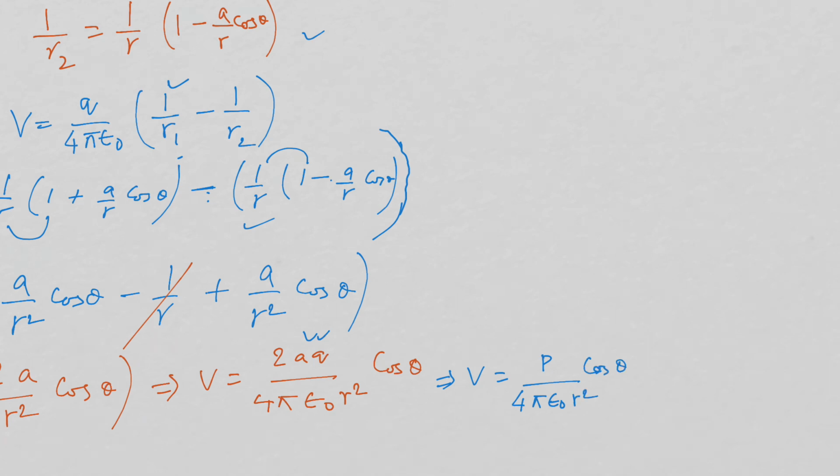And if you remember the diagram, once again the figure, so the minus q and plus q is here, and this is the dipole moment p, okay, and the point is here where we have to find the potential, and this is r. So the angle between r and our dipole moment is theta.